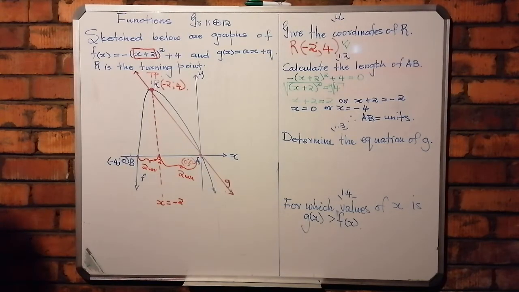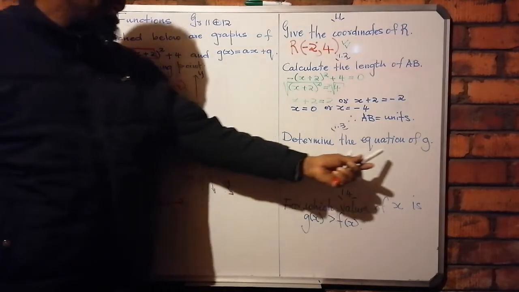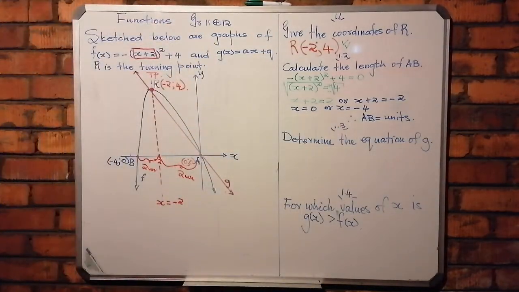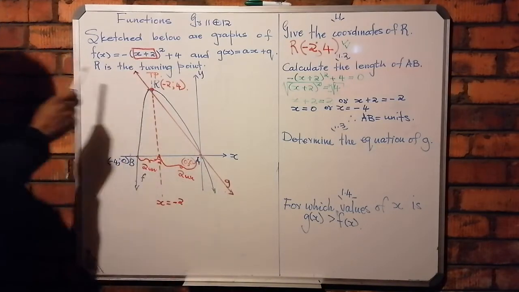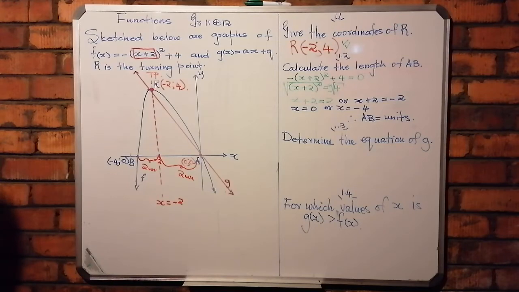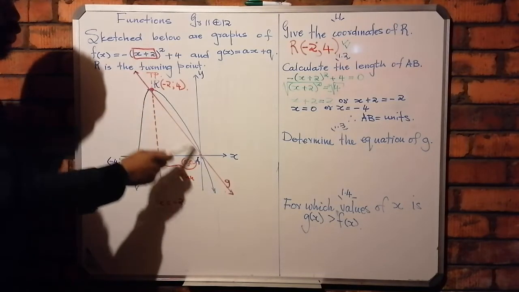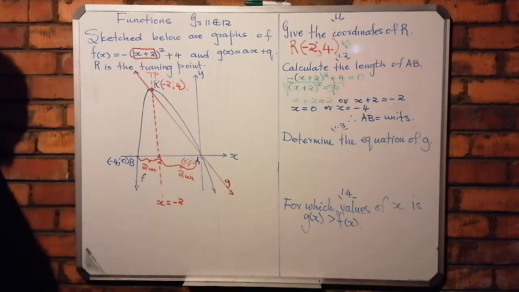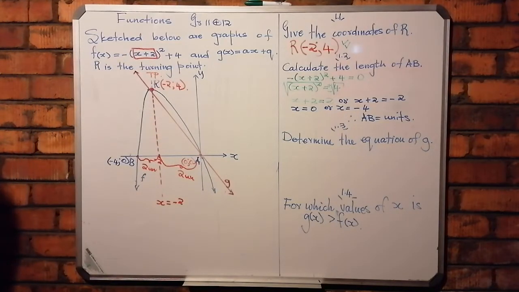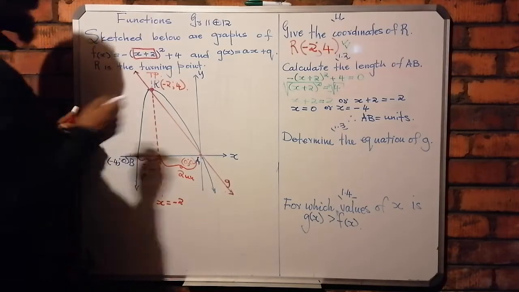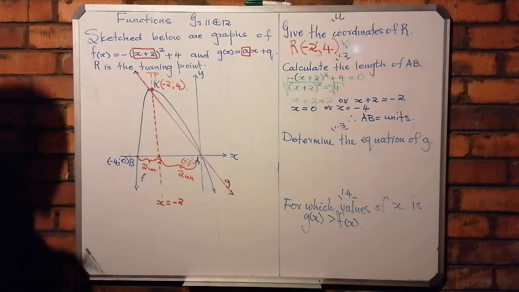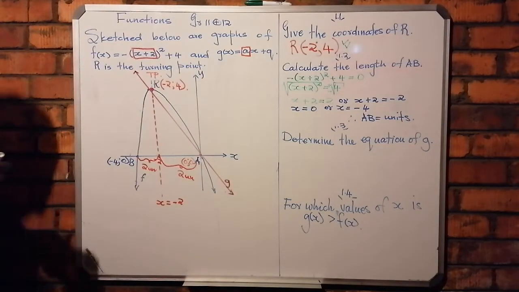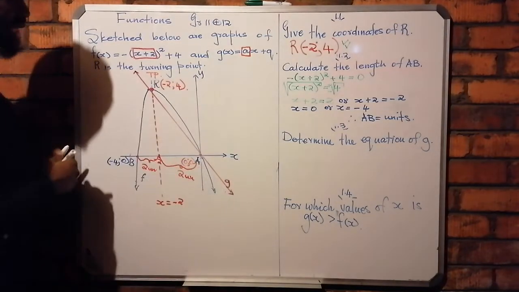Now, next question says, determine the equation of g. Who is g? The straight line there. What do we need to know for the equation of the straight line? At least if I've got 2 points that lie on a straight line, I can be able to determine the gradient which was given as a there. Now, I'm going to determine the gradient of this line.